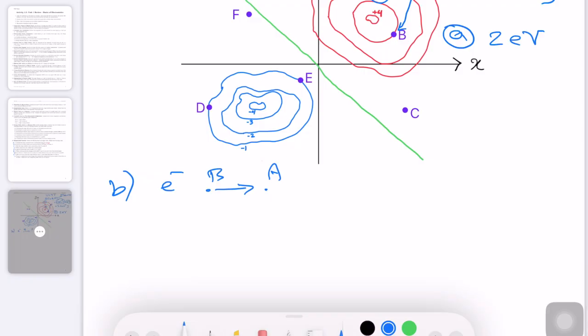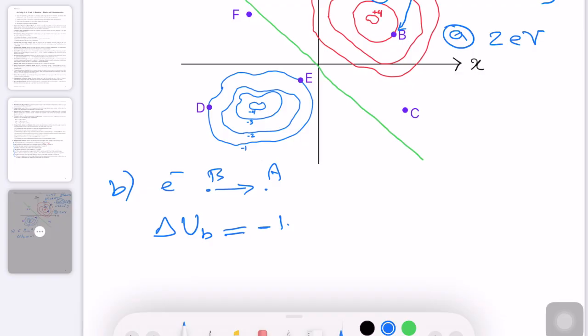So now what I would do is I would say, okay, again, delta U in this part for part B, again, it's Q delta V, but this time my Q is actually a negative charge.